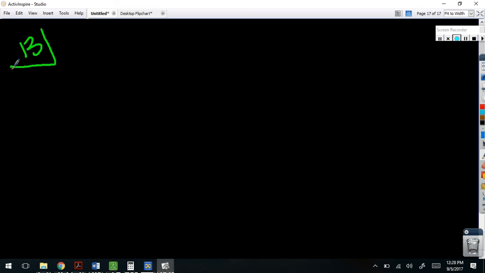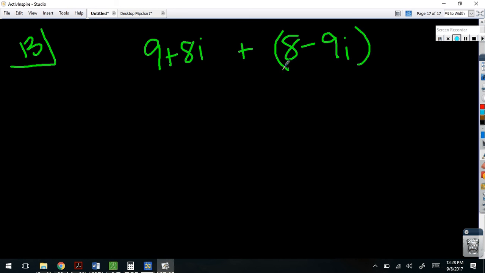Number 13. 9 plus 8i, 8 minus 9i. Well, y'all don't like these complex numbers, do you? No, I hate all this. You like graphing the quadratics? I like real numbers. Real numbers? It's not fake, it's just a different kind.